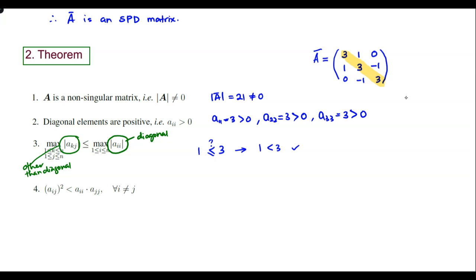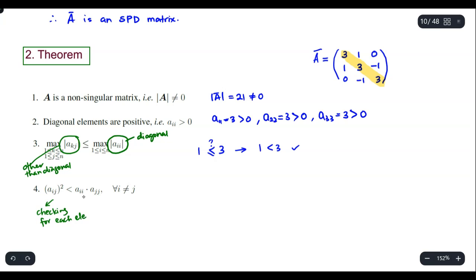Condition number 4: Aij square must be less than Aii times Ajj. Here you are checking each element other than the diagonal, because i cannot equal j.